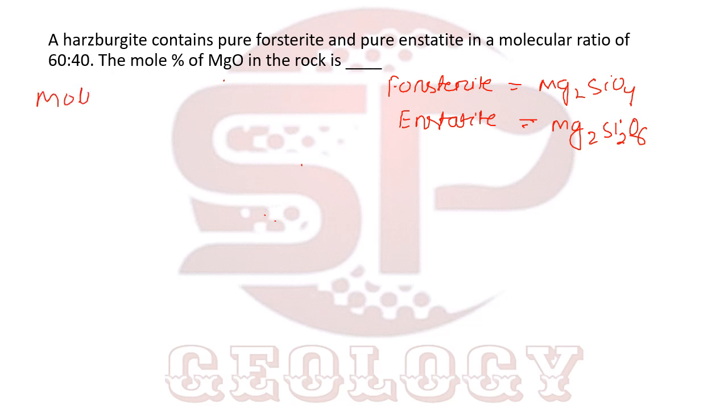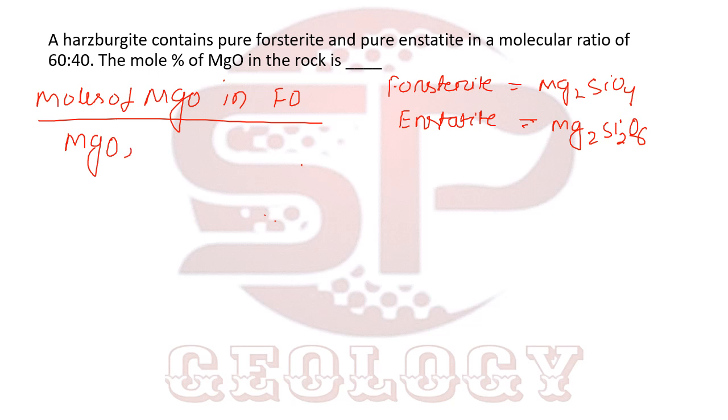First, moles of MgO in forsterite. So forsterite has 2 moles of MgO and 1 mole of SiO2.